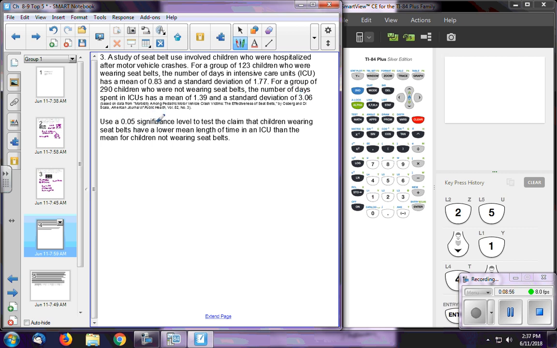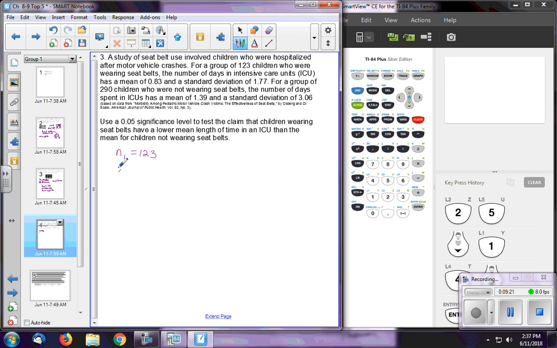At a 5% significance level, test the claim that children wearing seatbelts have a lower mean length of time in the ICU than for those children who were not wearing their seatbelts. So before we begin, it does help if you take a moment and organize all of your data. First thing, we know that from our first sample, we'll call this N1, the size was 123 children, and these were the children who were wearing their seatbelts.